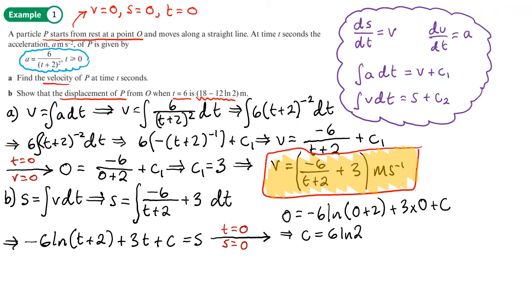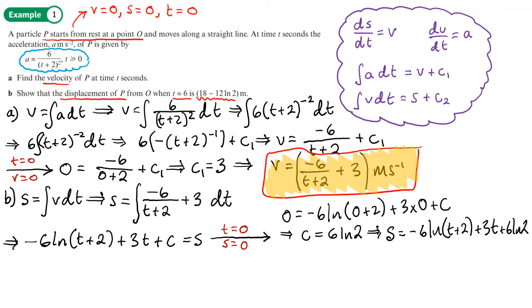So my full expression for s is negative 6 log t plus 2, plus 3t, plus 6 log 2.